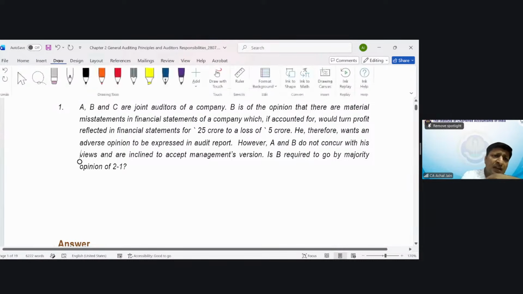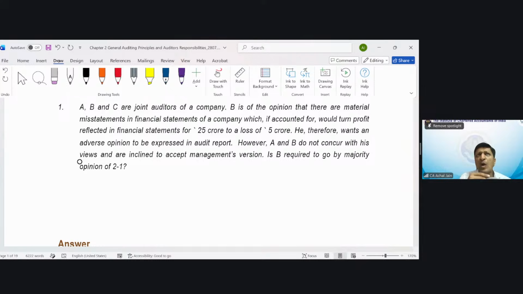So if you look at the misstatement, will that be considered to be material? Undoubtedly. He therefore wants an adverse opinion.